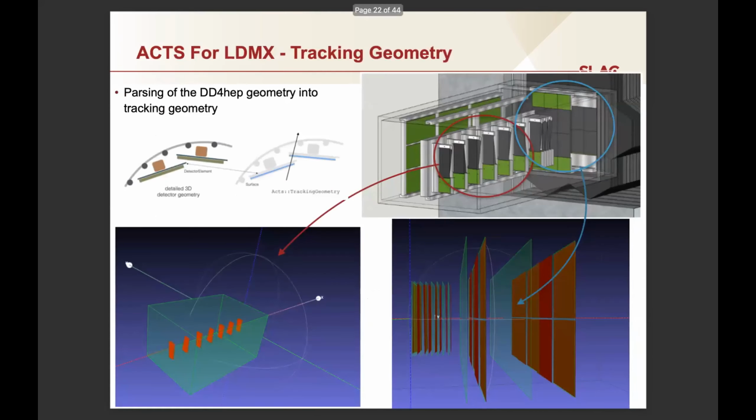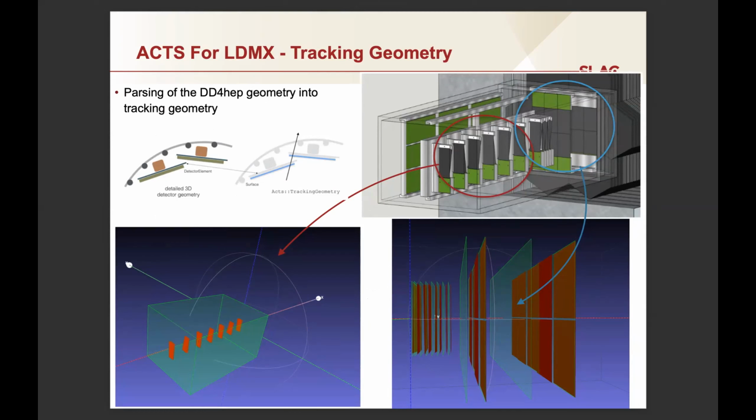The first step in order to start any track reconstruction is to have a handle on the geometry coded inside your reconstruction framework. So I've parsed the DD4hep based geometry that we use for LDMX into the ACTS so-called tracking geometry.